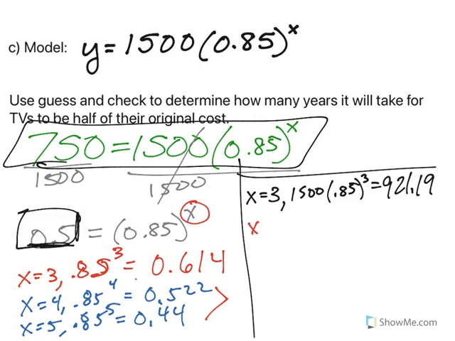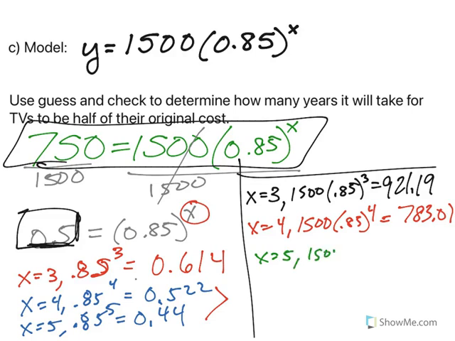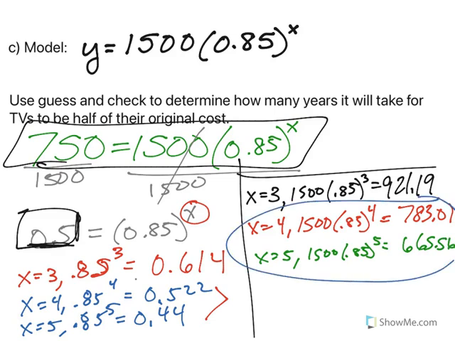Too high. Let's use x equals 4. So now I'm going to use to the fourth power. And that gives me 783.01. Still too high. If I use x equals 5, that gives me 665.56. So again, you can see it's somewhere between years 4 and 5 where we hit that.